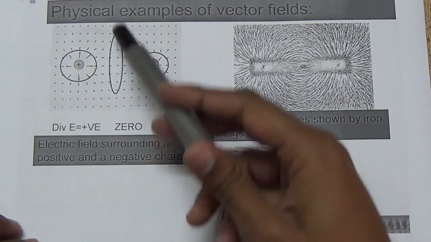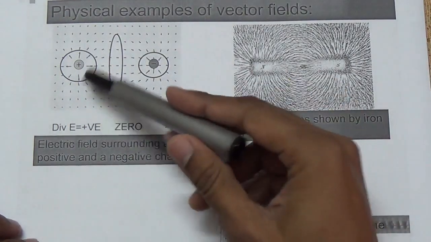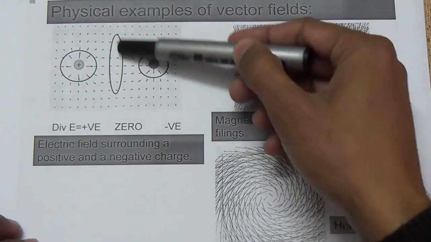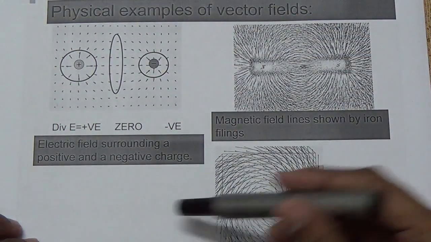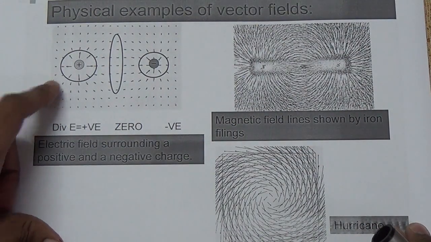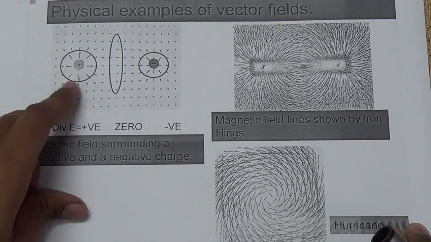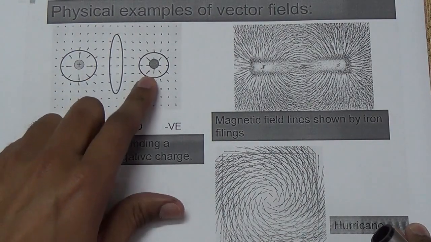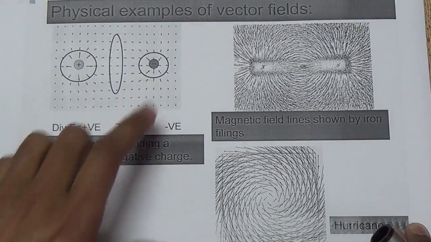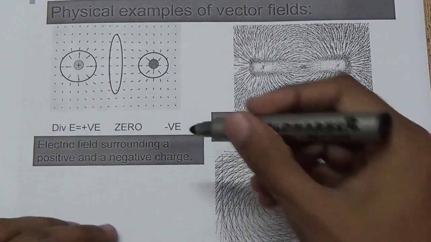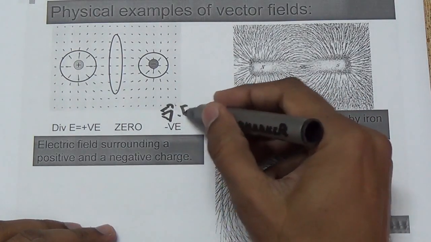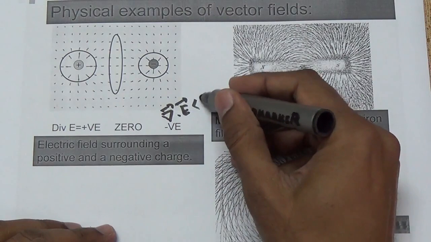The surface is closed, and in between this positive and negative charge we have considered here an open surface. So here we have just tried to show the divergence of the electric field will be positive, and the divergence of the electric field is negative, divergence of E is less than 0.